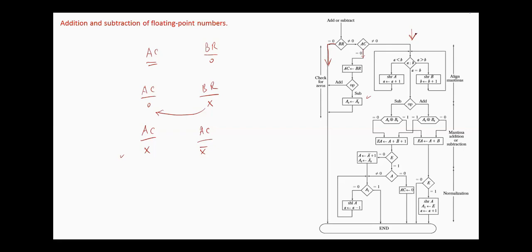Now if the exponents are not equal, the mantissa having the smaller exponent is shifted to the right and its exponent is incremented. This process is repeated until the two exponents are equal. Next, we perform the operation.